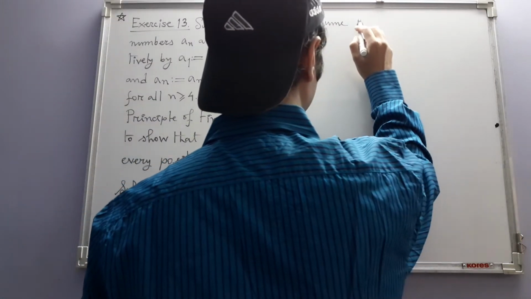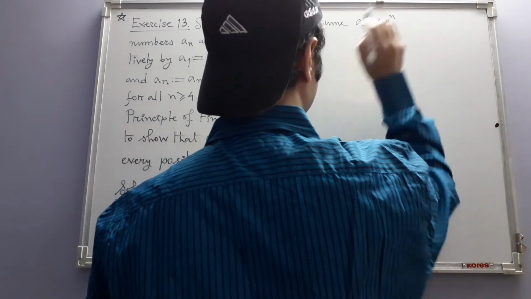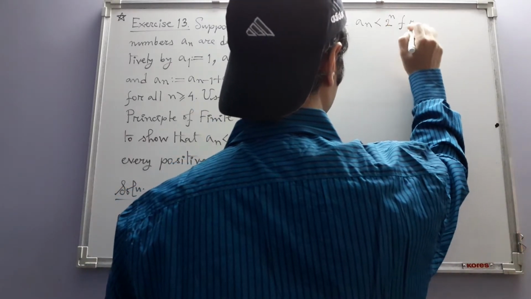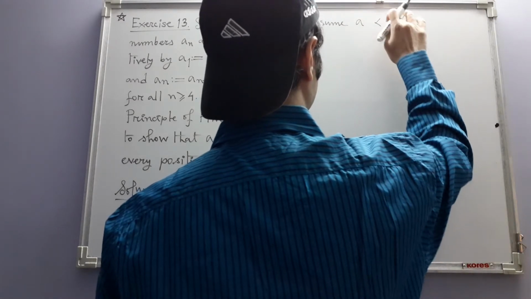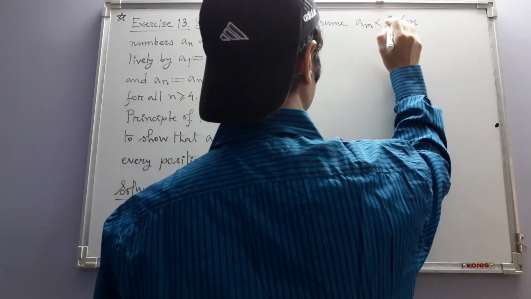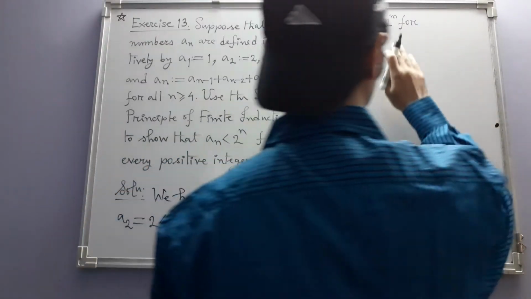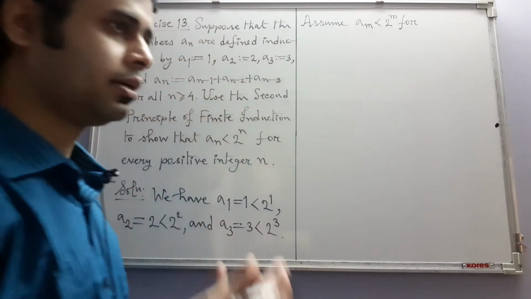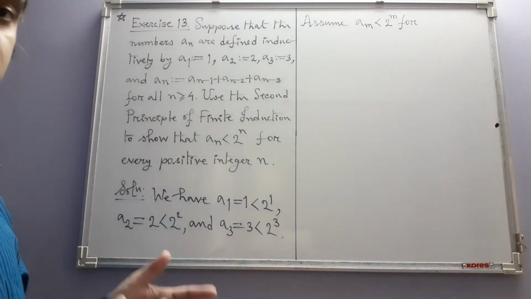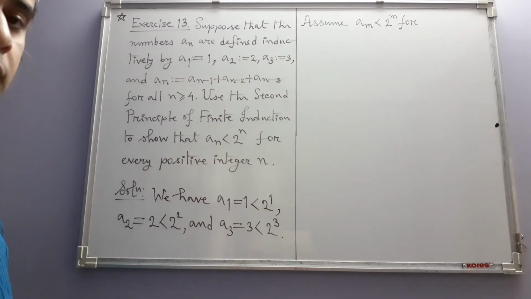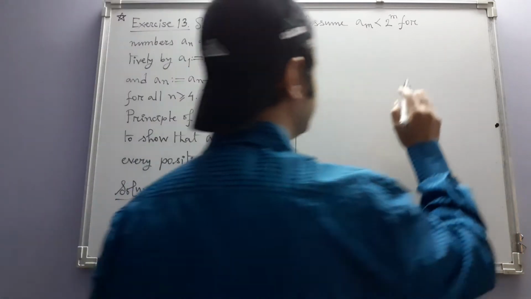Assume an is strictly less than 2 to the power n for, okay, in fact let's just use m. We can use n also, but let's just use m because we are going to now make an assumption about all positive integers m less than or equal to n, where n is some positive integer.